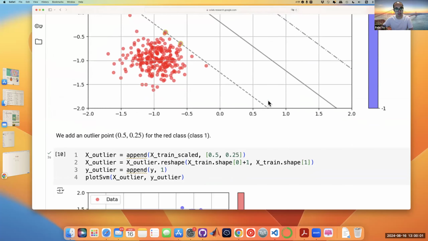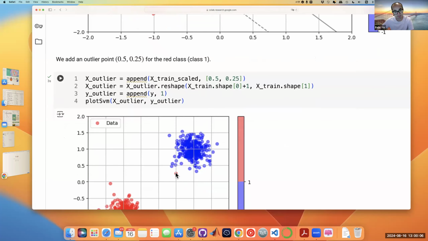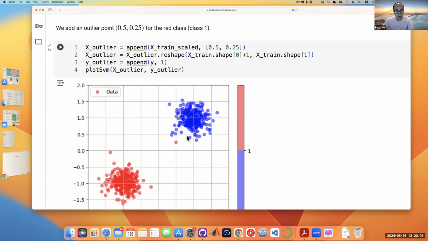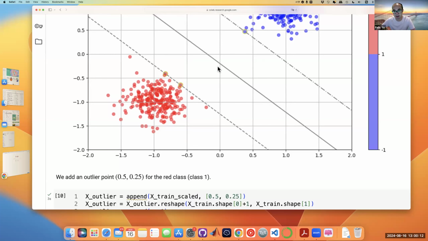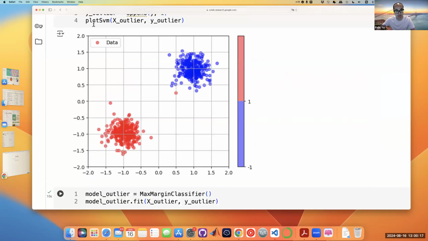But let's make things a little bit more difficult. For example, I'm going to add 1 outlier right here. If I add 1 outlier, the original decision boundary will not work, because if I still draw a decision boundary right here, it doesn't perfectly separate the red points and the blue points. But technically, you can still separate the blue points and red points perfectly. You can draw a line right here to separate blue and red.